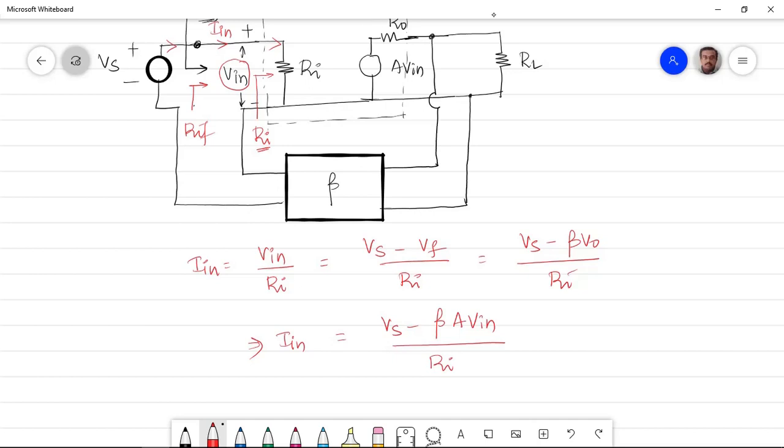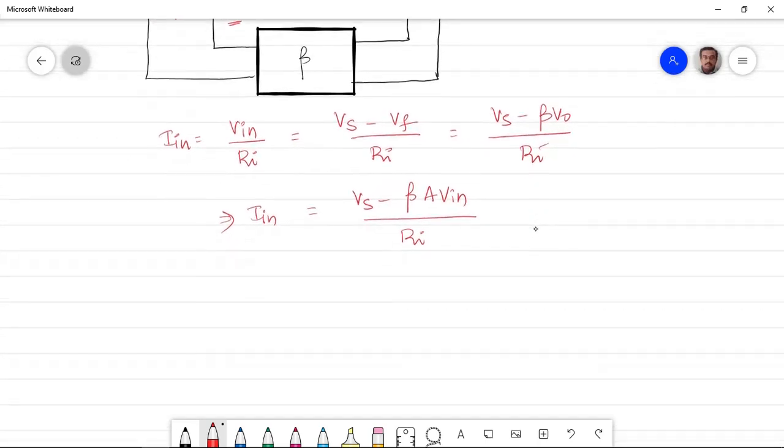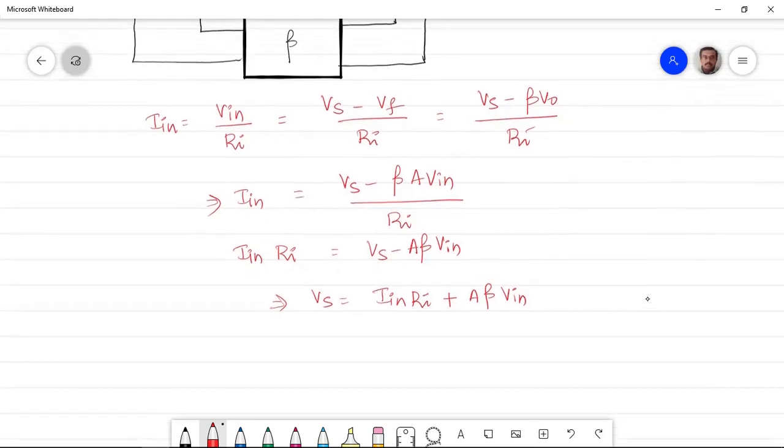Now I should make some alterations in this. I'm slightly tweaking this equation. I'll write In into Ri is equal to Vs minus A beta times Vn. I just brought this Ri to the other side. Later on, I can finally say Vs is equal to In into Ri plus A beta times Vn. Now what is Vn? You can see here this equation says what Vn is.